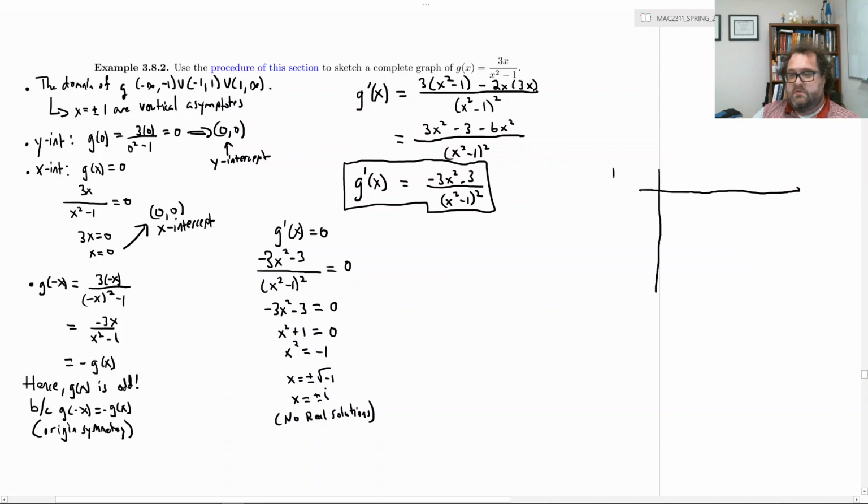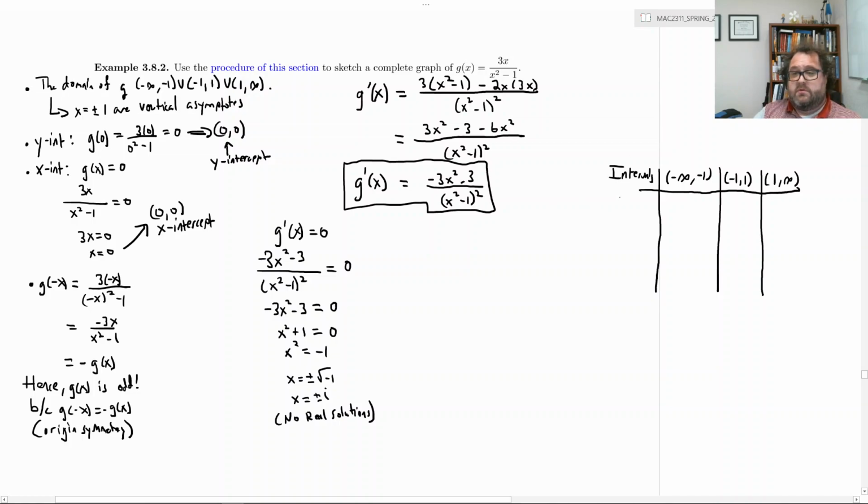Intervals first. So we have -infinity. This is just the domain of the function. Oh, not 0. The domain of the function is -infinity to -1, and then we have -1 to 1, and then we have 1 to infinity.